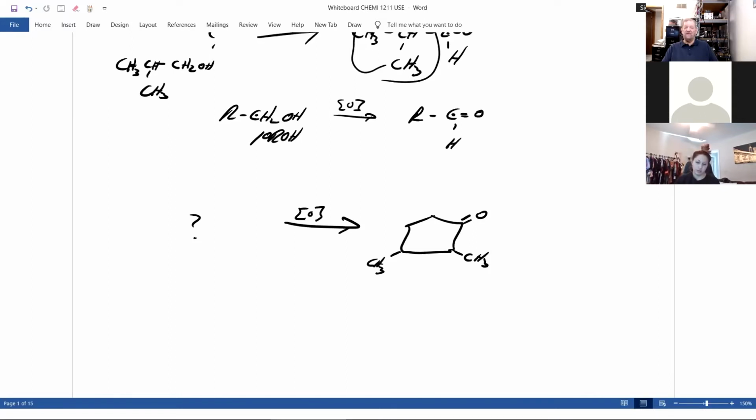Remember, always look for what's different, what's not carbon, what's not hydrogen, what's not a carbon-carbon single bond, and that should get your attention like that.